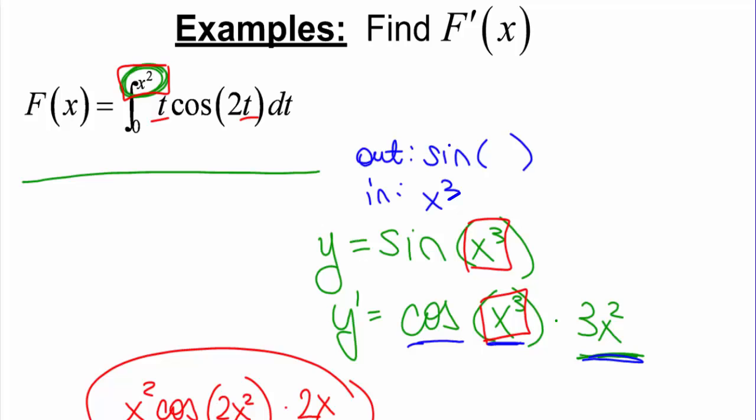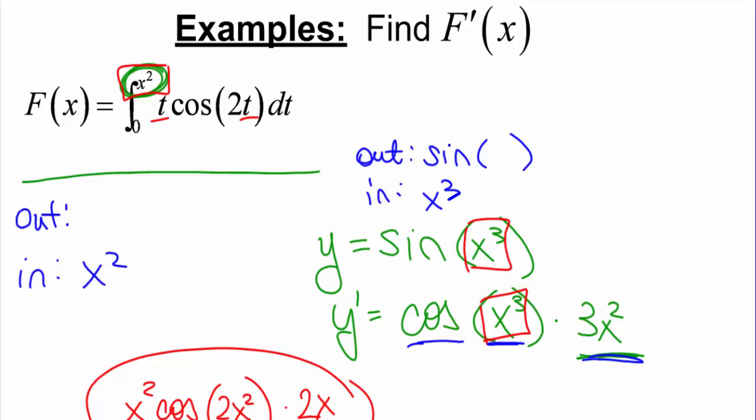So for our integral here that we want to take the derivative of, what's the outside function? What's the inside function? The inside function is usually easier for people. What is the inside function? Yeah, x squared. It's the thing that was supposed to be x. It's x squared. So everything else is the outside function.